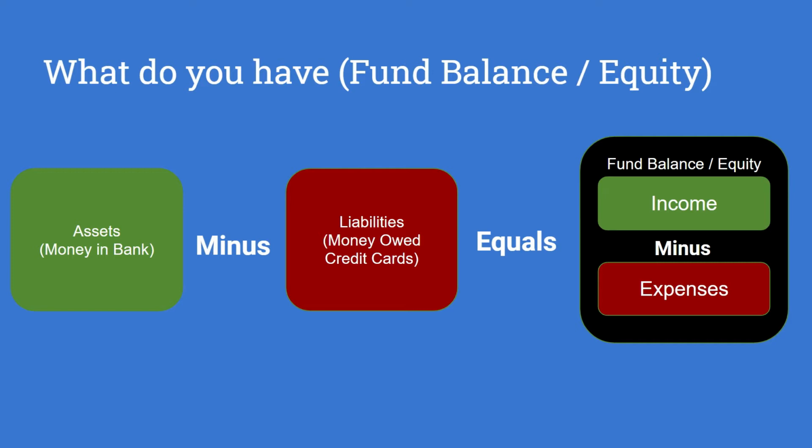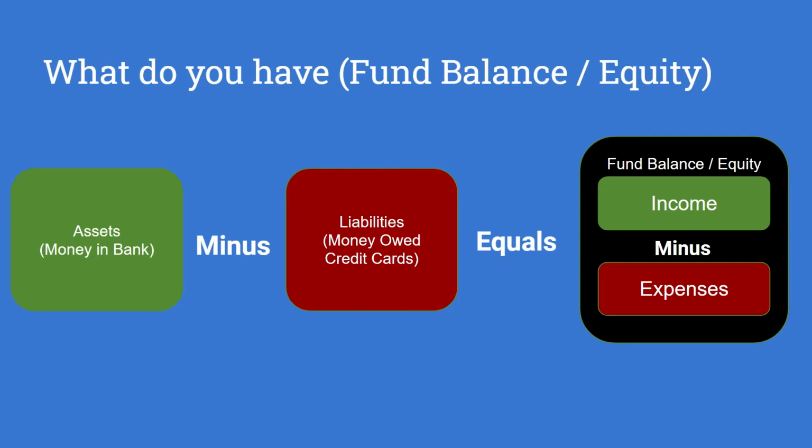Actually does. However much money you have in your bank account minus what you owe people is what you have. But how do we get money in our bank account and how do we owe people? Well, especially in today's credit card world, income usually goes into your bank account and your expenses are usually on your credit card. But either way, at the end of the day, the money comes in as income and it goes out as expenses, and that is also your equity, right?